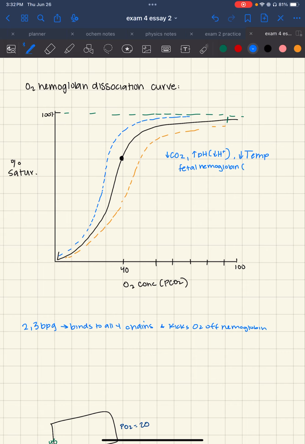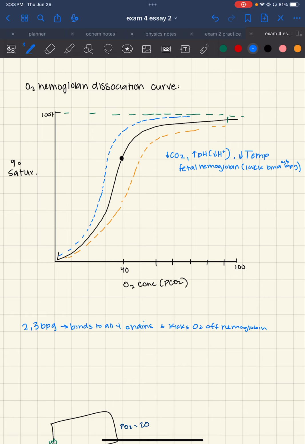Now, fetal hemoglobin lacks the ability to bind 2,3-BPG because it has a different chain. We have beta chains. Fetal hemoglobin has something called a gamma chain instead. It's just a little bit of a different chain. So there's two amino acids that bind 2,3-BPG, and fetal hemoglobin lacks that.